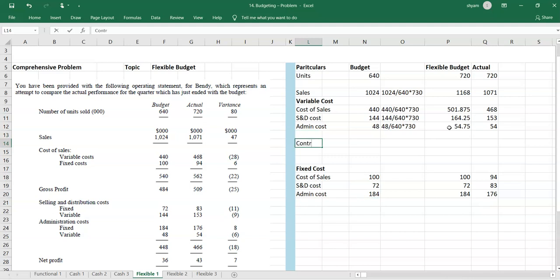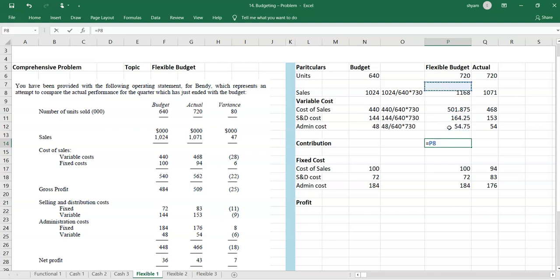We can get the contribution. The contribution would be the sales number minus all these numbers. So it's 447. Again, what would be the profit?